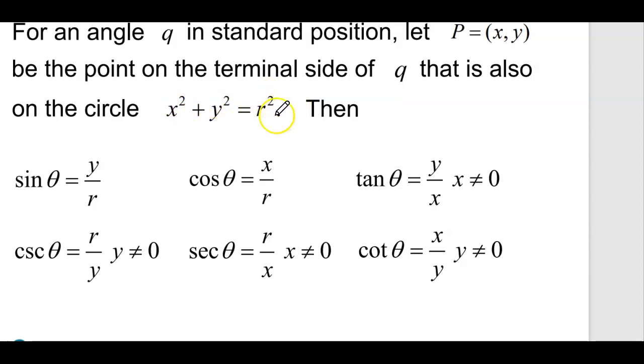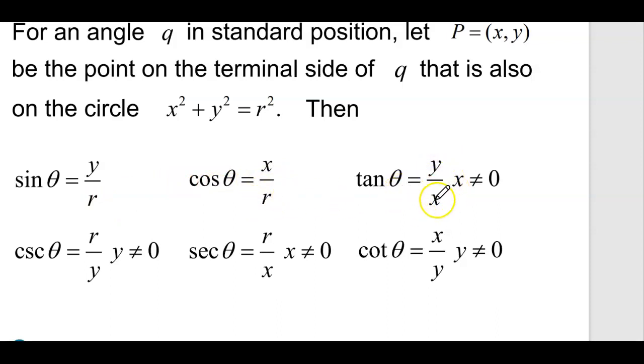Okay, so in these definitions, we're going to replace 1 with r. So our sine is going to be y over r. So before it was y over 1 because the radius was 1. Now it's over r. So now the radius can be anything. Cosine is x over r. Tangent hasn't changed.